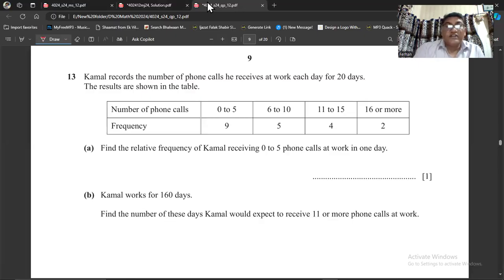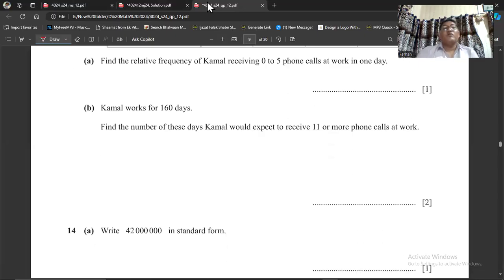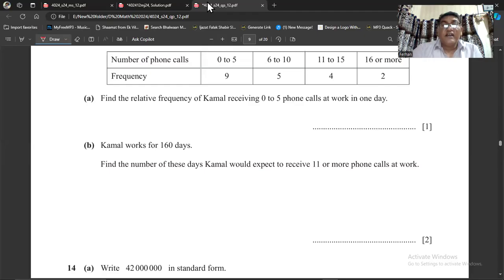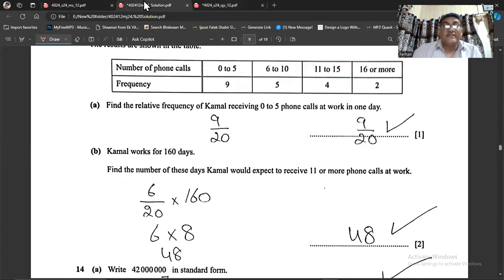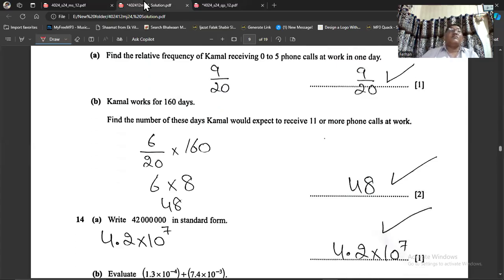Okay. Question number 13, B part. Kamal works for 160 days. Find the number of these days Kamal would expect to receive 11 or more phone calls at work. So 11 or more phone calls in 20 days, there are 6. So 6 divided by 20 multiplied by 160.